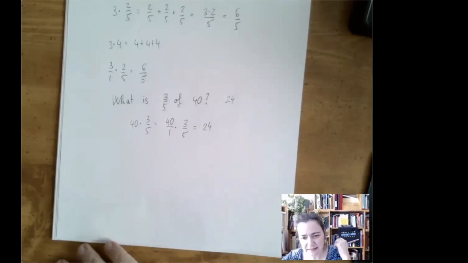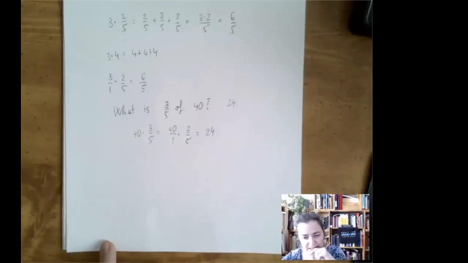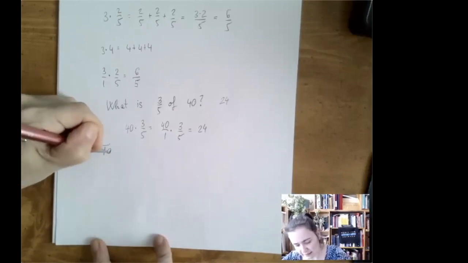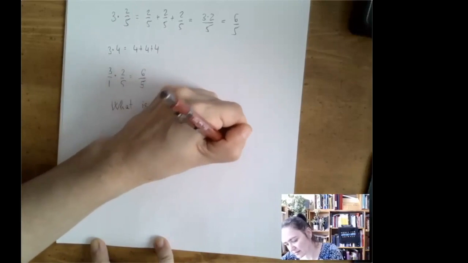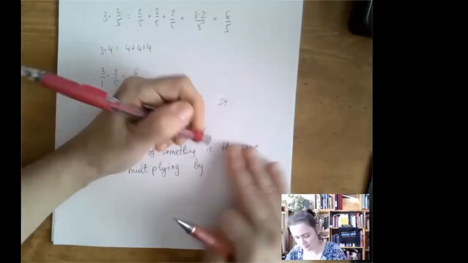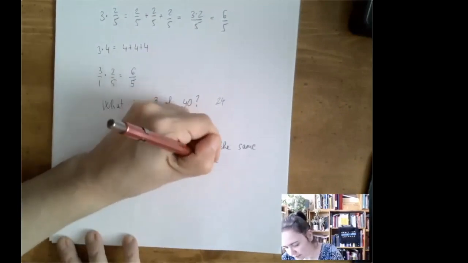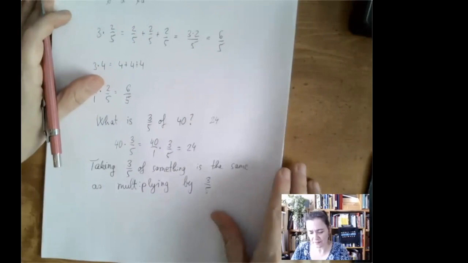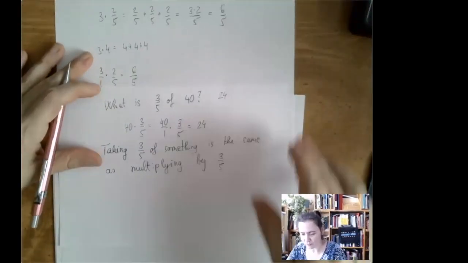So basically, we could interpret multiplication as part of something. And it is. So taking 3/5 of something is the same as multiplying by 3 over 5. If that's the case, then I just want to draw a picture for fraction multiplication.